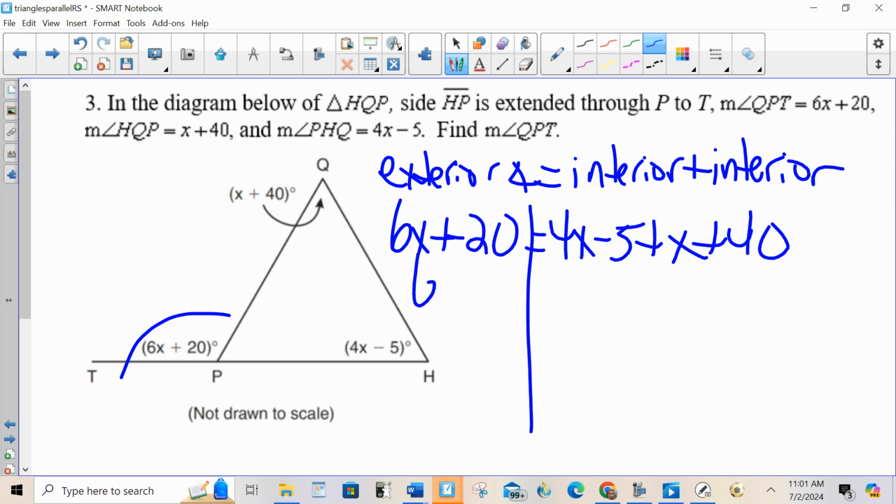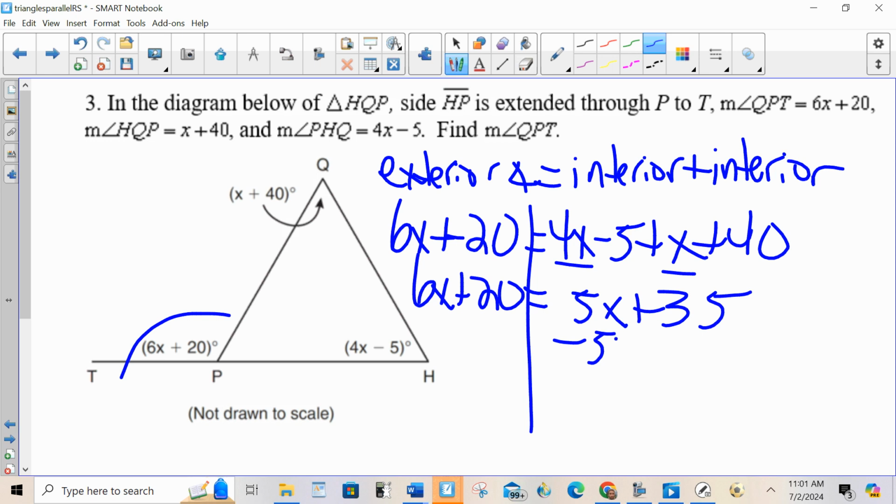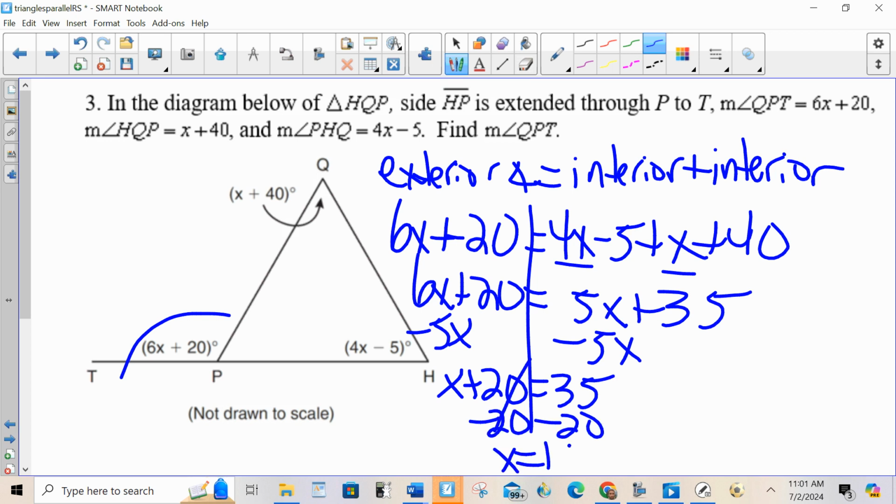From there, we do some algebra. We combine like terms. We bring all x to one side. We get x to be 15.